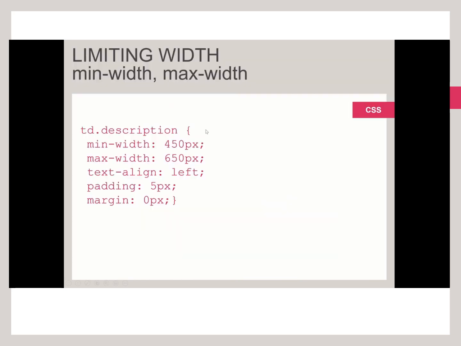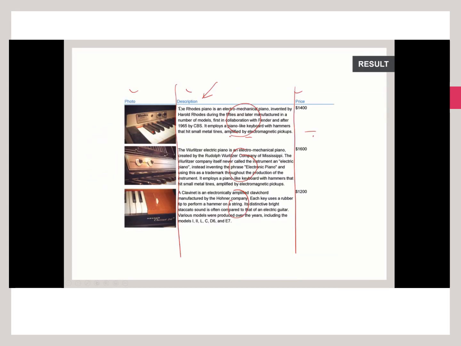So just look at the padding. Padding means you start 5 pixels in. So in this cell, the box, we don't start from the beginning of the border of the box. After 5 pixels we start the text. That's padding.